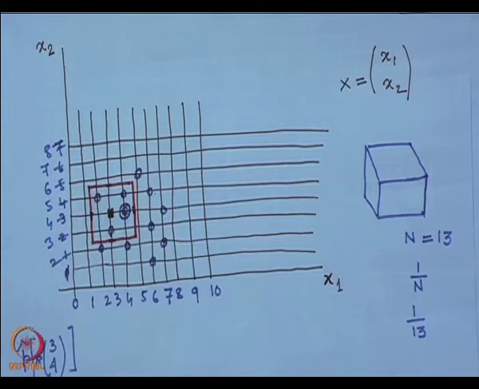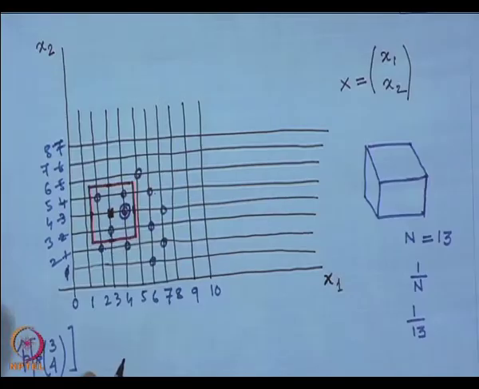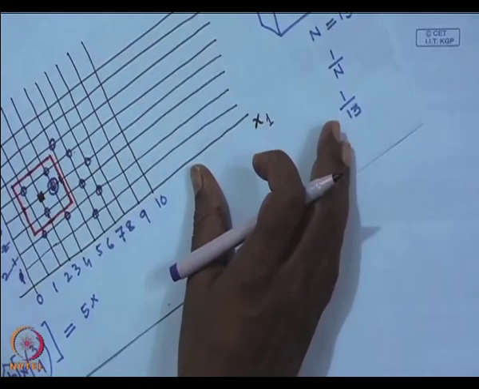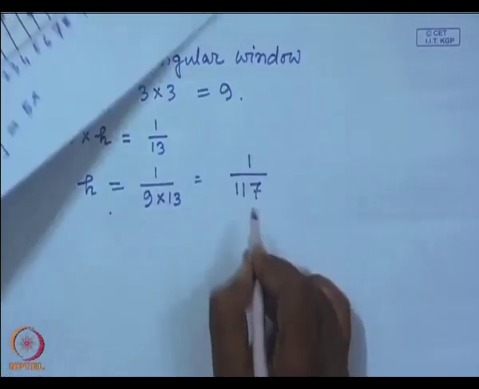As a total of 5 samples are falling in this box, what I have to do is this: the probability estimate P of x equal to 3, 4 will be 5 into the height of the box, as we have computed, which is 1 upon 117.